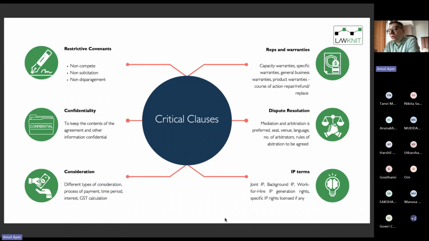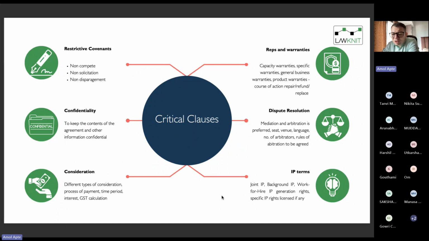Is it going to be just one, or both parties will appoint one and then those two will appoint an umpire? Or do you want to follow certain specific or predefined rules of arbitration, etc., etc.? Everything should be ideally written down and agreed between the parties at the time of execution of the agreement itself.